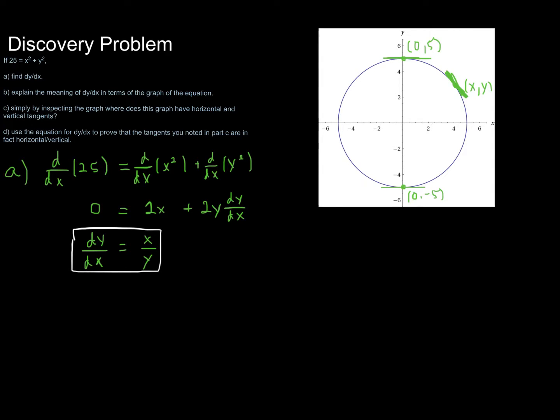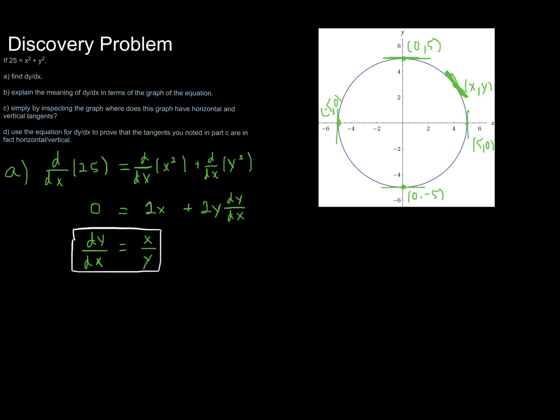And if I do the same for the vertical tangents, I notice that right here at 5, 0, the tangent to the curve appears to be vertical. And then again, on the opposite side, at -5, 0. So those are the points at which I'd expect my tangent either to be vertical or horizontal.